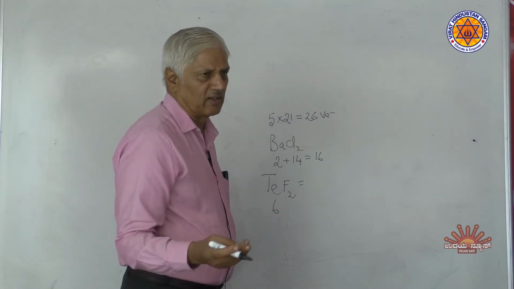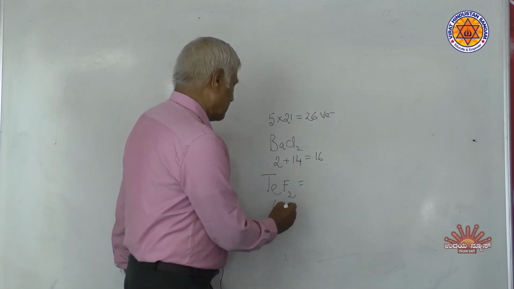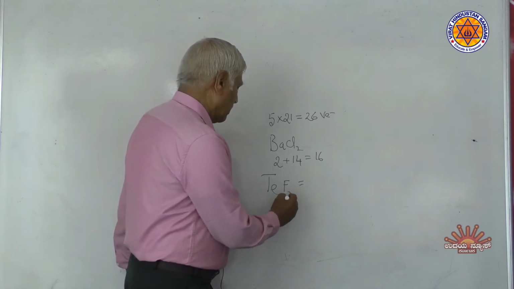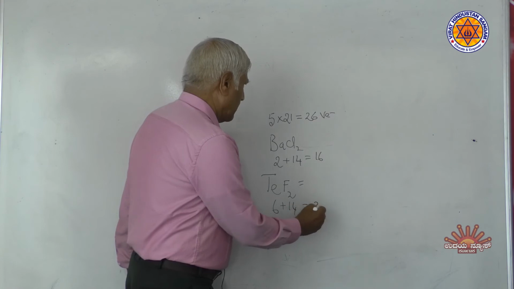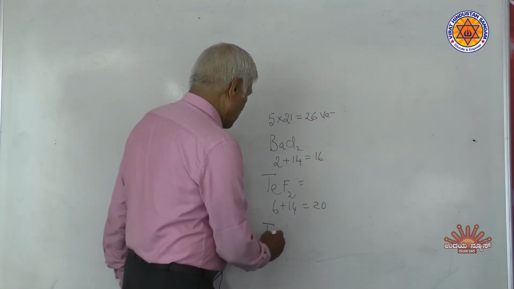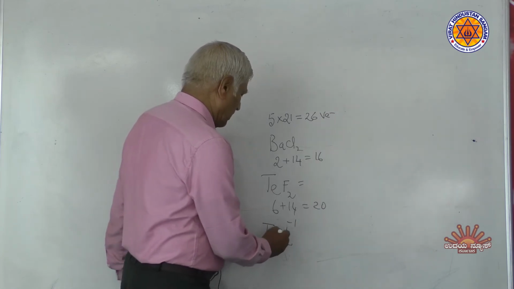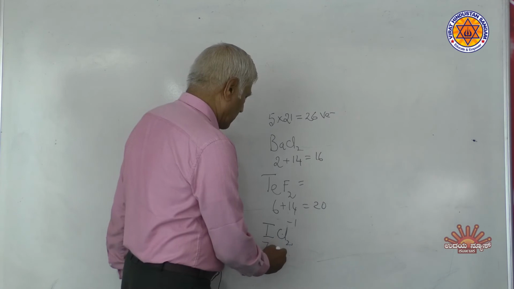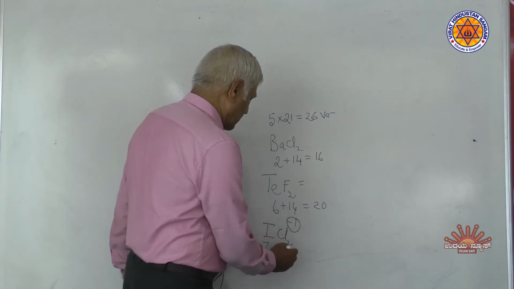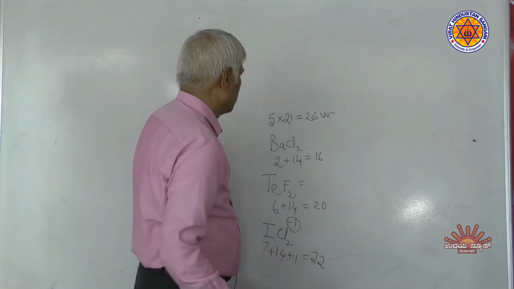Oxygen, sulfur, selenium and tellurium. 6 plus 14, 7 into 2 is 14, so 20 valence electrons. Last one, ICl2 minus. All are halogens, iodine 7, 7 into 2 is 14. Because of this negative charge, one more extra electron makes it 22.